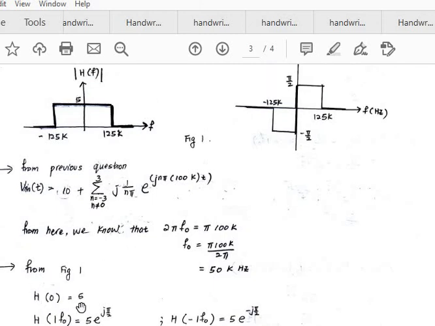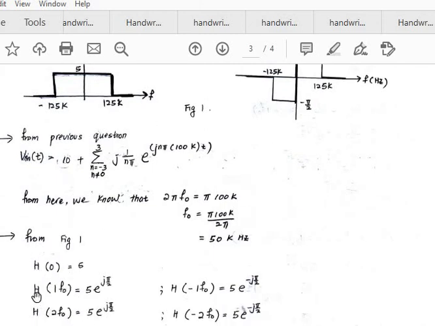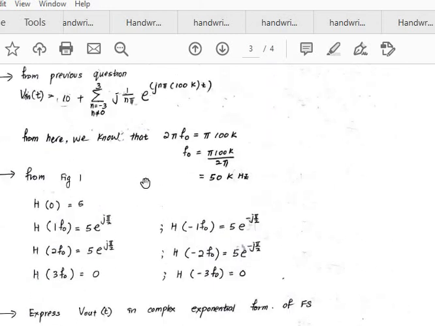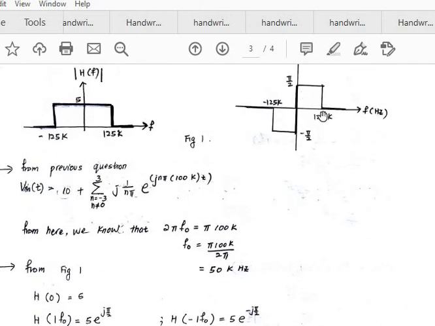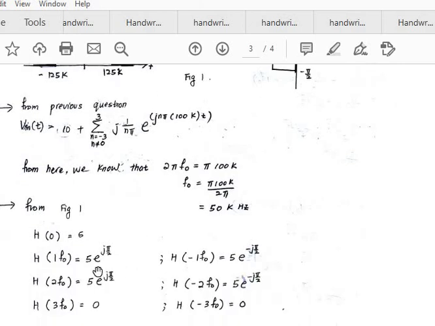Okay, so H(f) is 5 for 1 f naught, 2 f naught, and 3 f naught, which refers to the amplitude. So the amplitude here is 5, and the phase is pi over 2. That's why you get 5 and exponent j pi over 2. And 2 f naught is also the same.